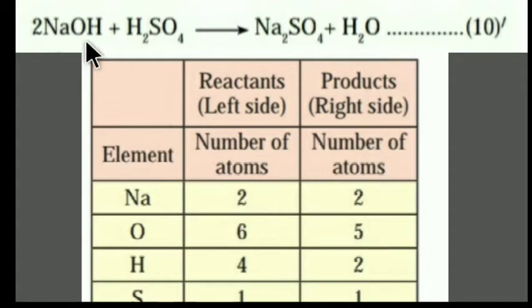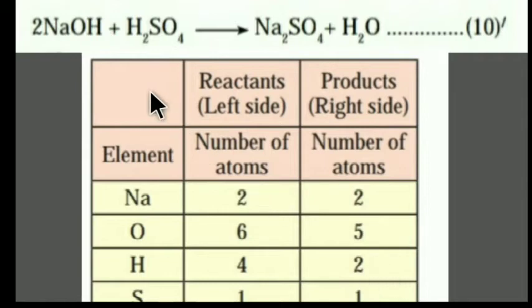Then what about hydrogen? This factor 2 is for this hydrogen also. Hence 2 and these 2, there are 4 hydrogen on the left side, and on the right side only 2 hydrogens are present.